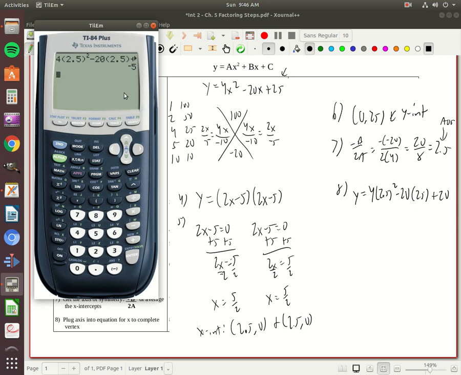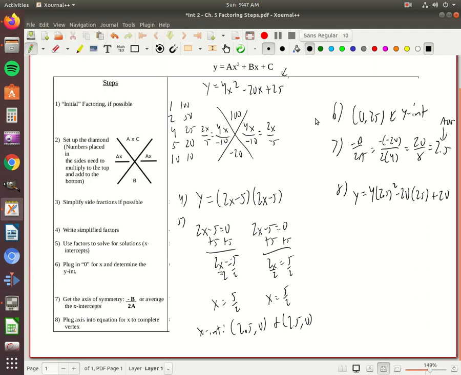Hold on a second. I screwed something up here. I'm sorry. It would appear here that this is a 25 and I wrote a 20. So my mistake. This should be a plus 25.